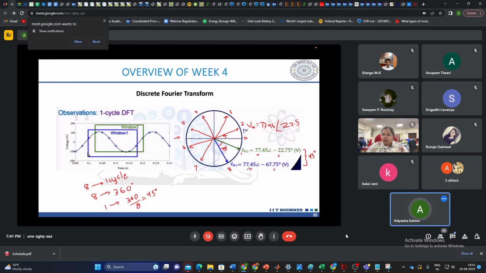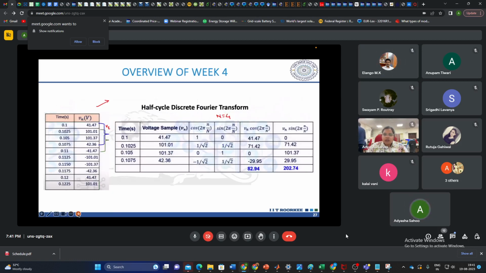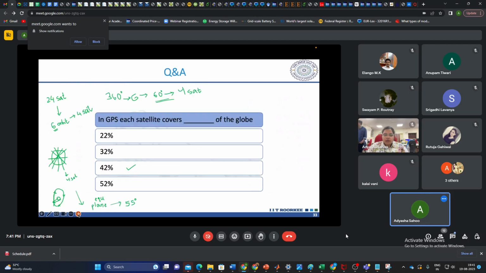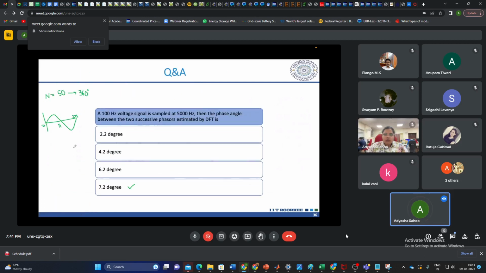If we calculate the phasor for each time instant, we get the same magnitude, but separated by 45 degrees, since 8 samples cover 360 degrees. Similarly here it will be 360 by 50, so it will be 7.2 degrees.